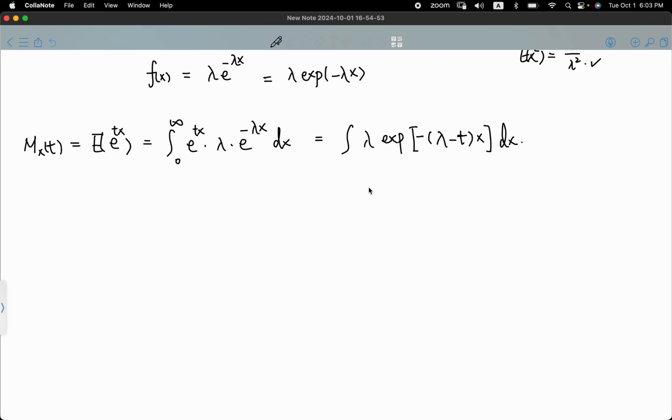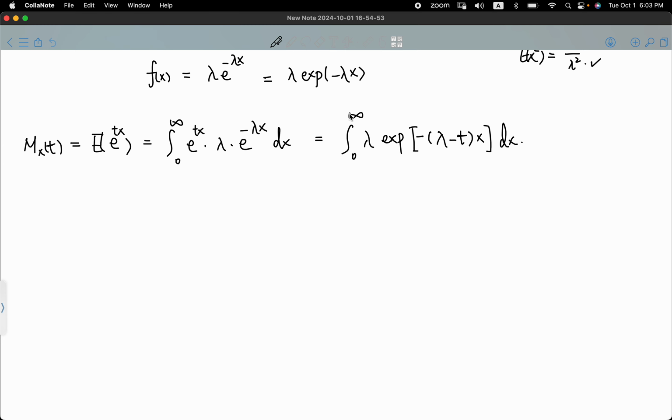Okay, so we end up with something like this. And then any thoughts on how to evaluate this expression here? Last time when we introduced the first moment and the second moment, we used something like integration by parts to evaluate that.